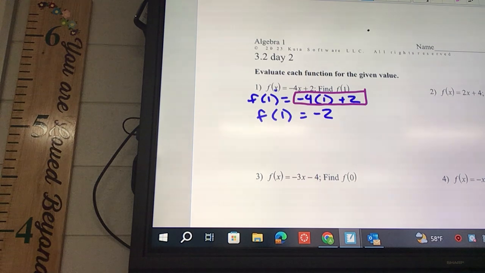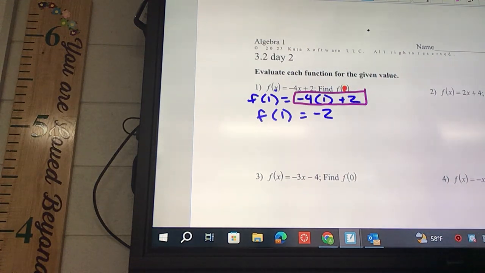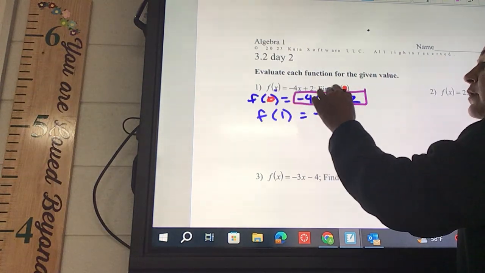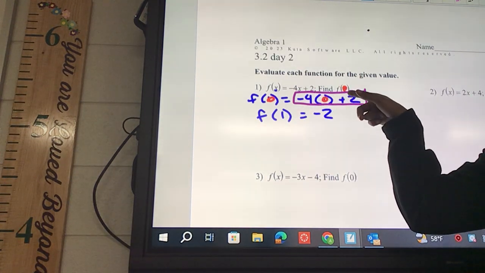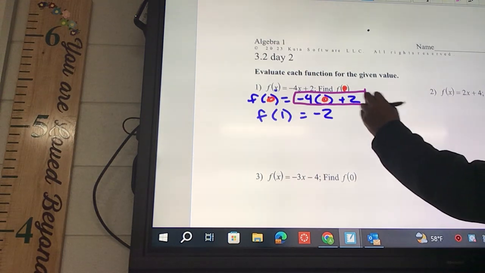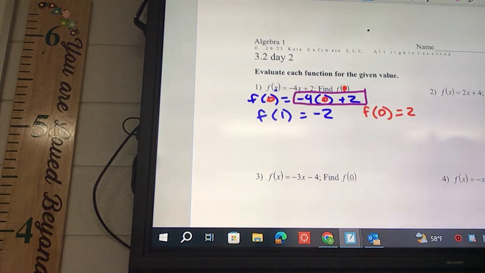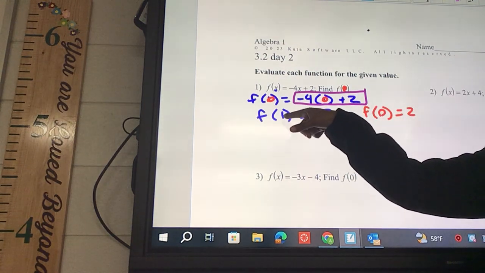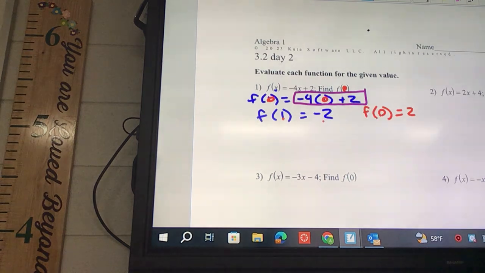The reason I'm going to show you why, and don't write this part down: if our input was 0, then this would be a 0, and this would be a 0. Negative 4 times 0 is 0, plus 2. So at f of 0, it is a positive 2. Only when we plug in 1 are we going to get a negative 2 for an answer. That's the only option.